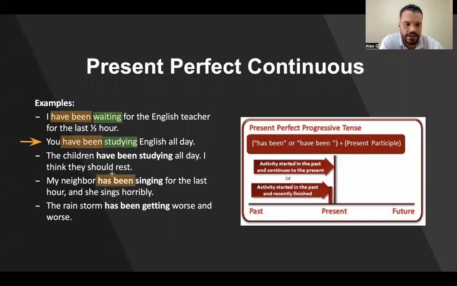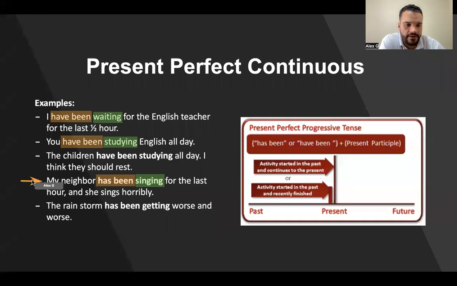The only thing that changes is going to be third person. So for he, she, it, we have to make sure that we change the auxiliary. So my neighbor has been singing for the last hour, and she sings horribly. So make sure not to make that mistake of using have instead of changing it to has for third person.